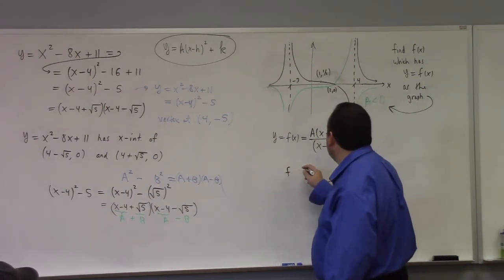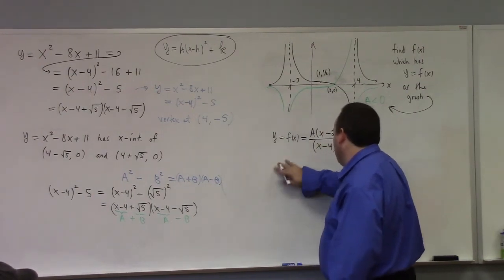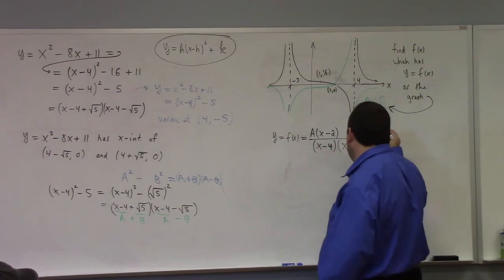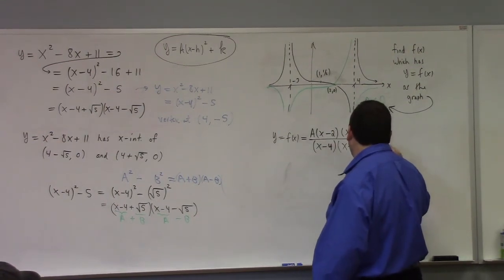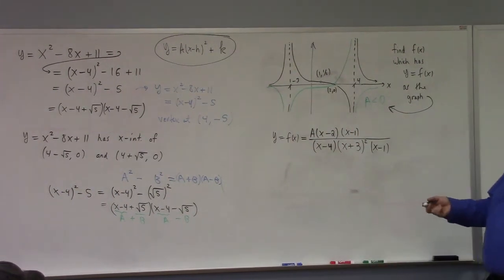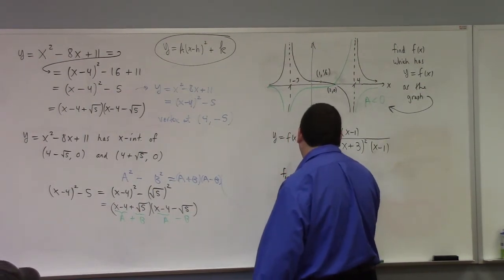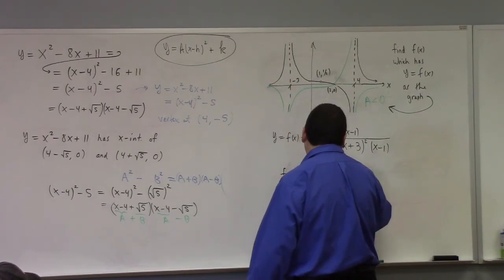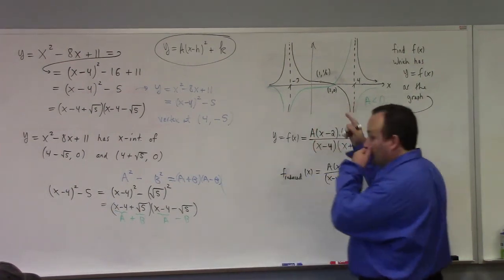We want f of, well, the point is, guys, if I take this and then I multiply by x minus 1 over x minus 1, that just punches a hole in the graph at 1. And the reduced function at 1 is going to be what I had right before I added the hole punch. And then to figure out what a is, I use the point that I'm given, right?